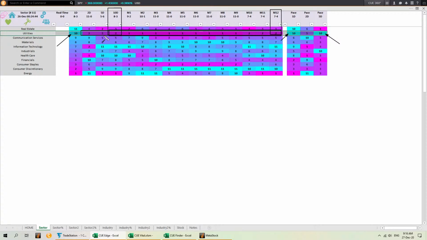Over 5 days it improved, over 2 days it improved, and over 1 day it is the second best performing. Whenever that happens, I drill down to the industries using the cog icon, or I may directly drill down to the stocks using the peer analysis icon.